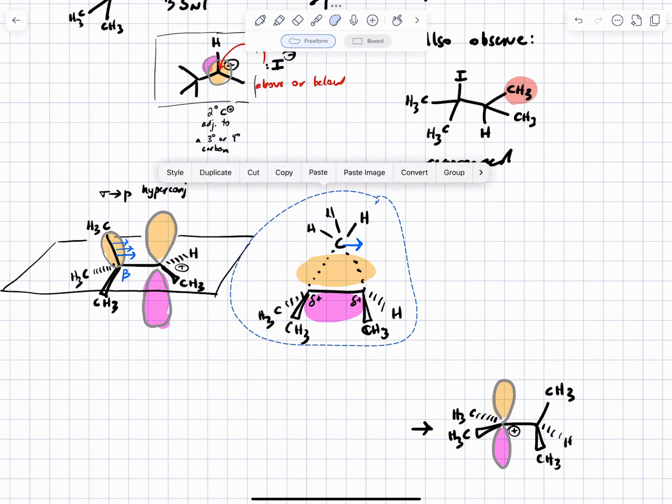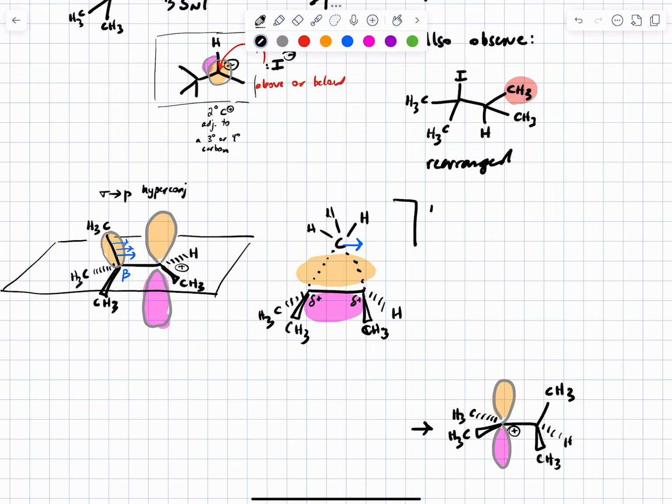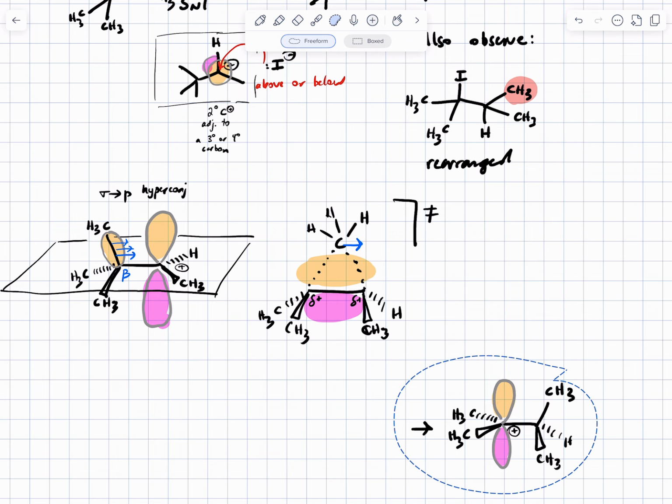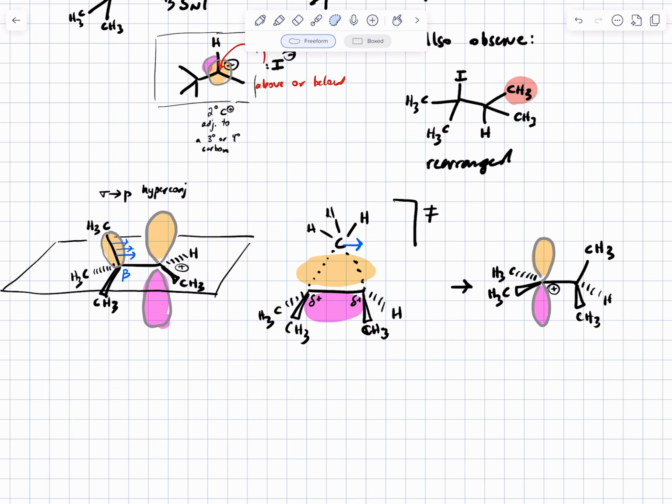You go through a transition state that looks like this, where the methyl group is halfway between the two carbons, evenly sharing its two electrons with both of those two carbons, with some partial positive charge on all of the carbons. And then finally, this next intermediate where the methyl group has literally moved over.